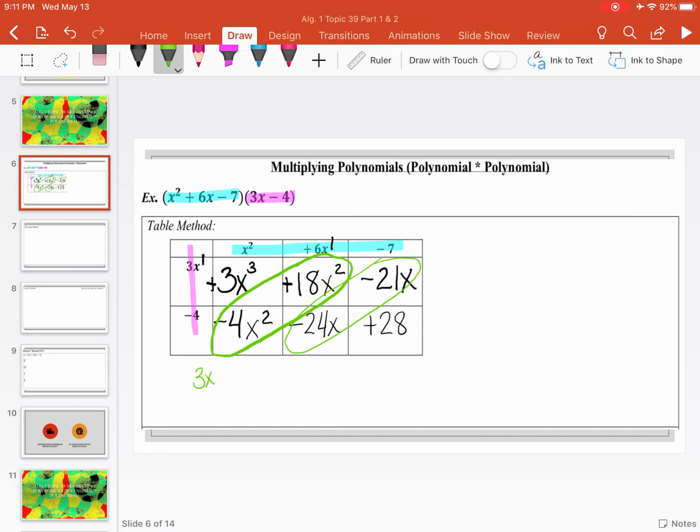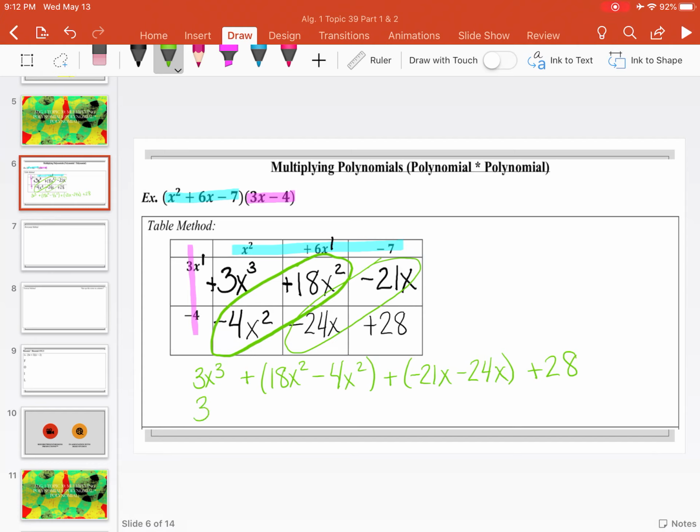We have 3x cubed plus 18x squared minus 4x squared plus a negative 21x minus 24x plus 28.